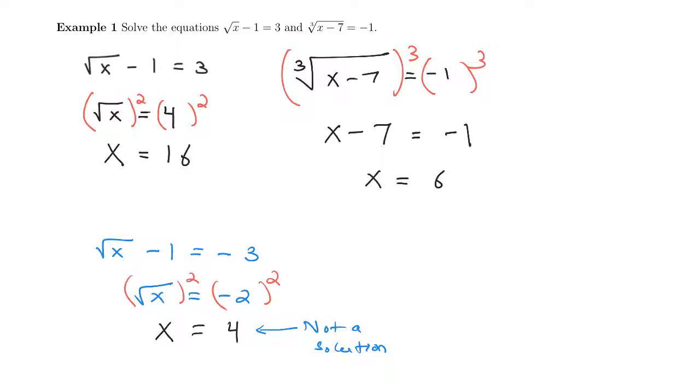And our way around this is, whenever we get an answer, we'll plug it back into the original equation and see if it works or if it doesn't. So the good news is that this strategy will give you all of the solutions, but sometimes it'll throw in an extra one too that does not work in the original equation. So basically what we do is we note that it's not a solution, we throw it away, and we are done with this example.